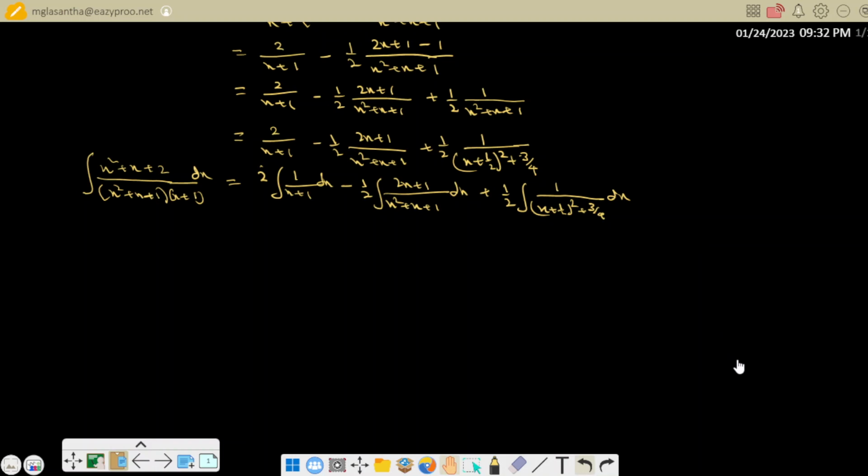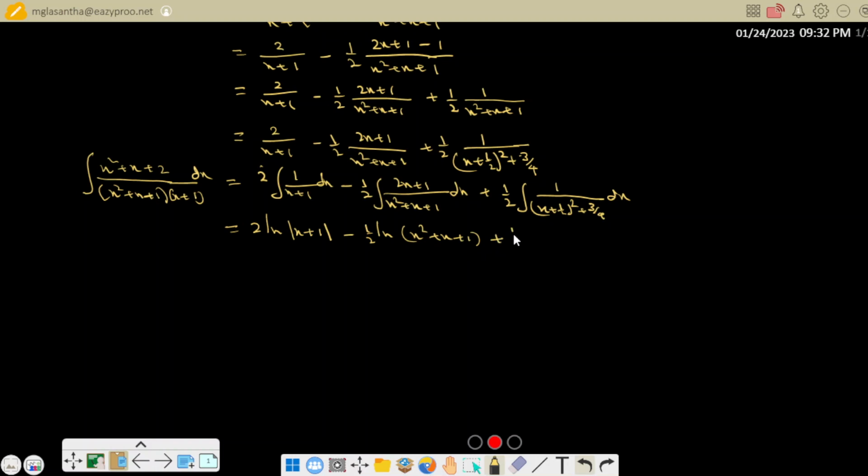Now how do you integrate this function? This part is easily integrable. The differentiation of the denominator is 1, which is in the top, so straight away you can write this equals 2 ln(x plus 1). This also has the differentiation of the denominator in the numerator, so this equals ln(x squared plus x plus 1).